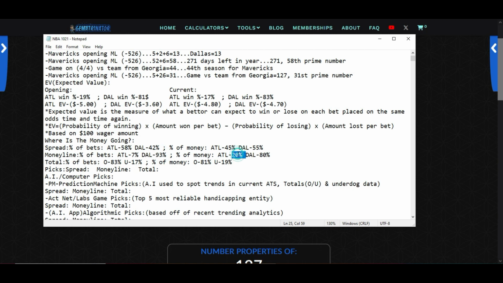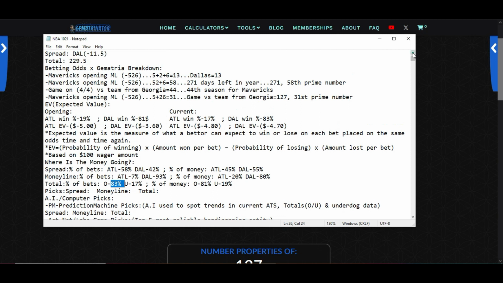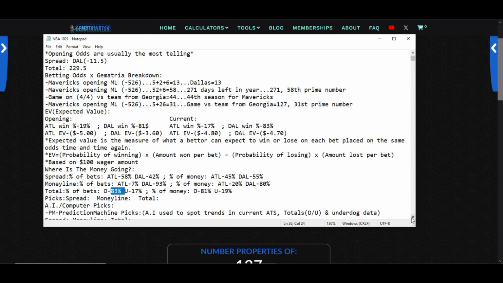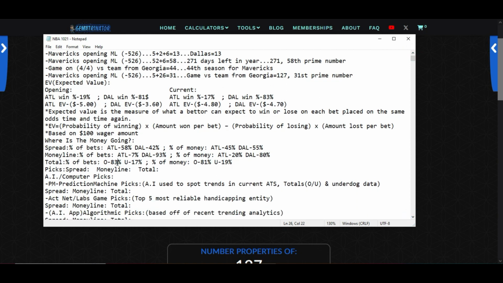Percentage of money 20% Atlanta, 80% Dallas. Total percentage of bets. The over is at 229.5 for the game. Over 83% for the bets. 17% under. Over 81% percentage of money. 19% for the under percentage of money.